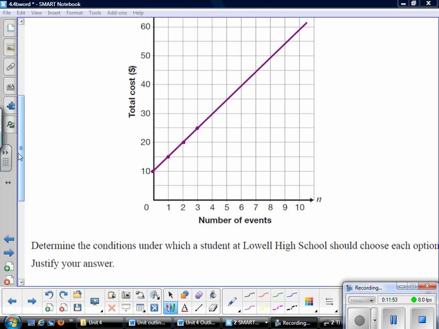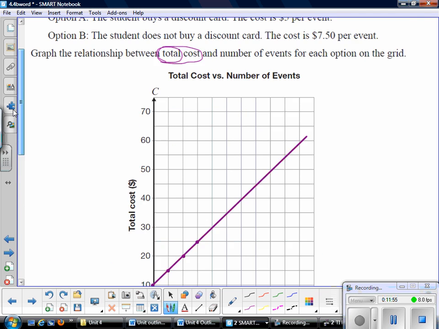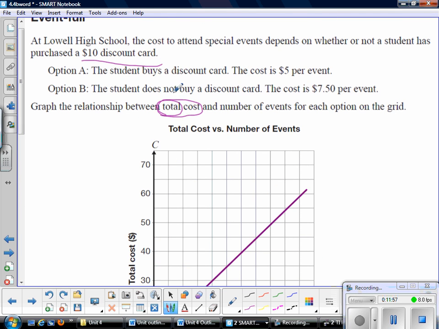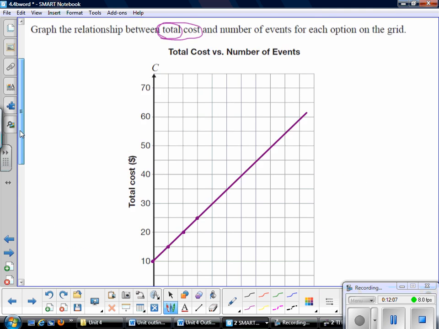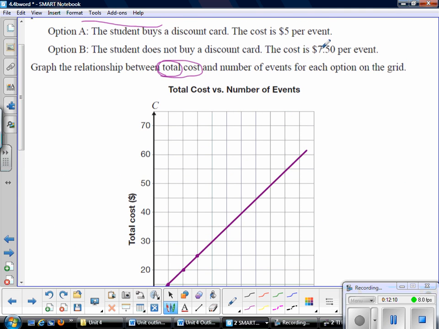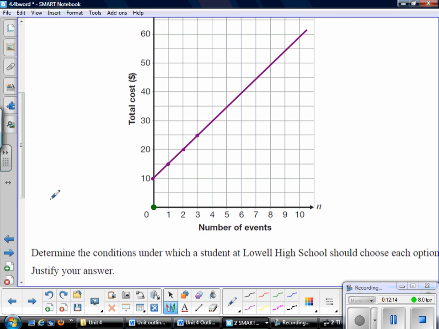All right, now let's graph the other student's option. Okay, option B, the student does not buy a discount card. So its initial cost means that if they go to no event, it costs them nothing. But it costs them $7.50 per event. Okay, so this is going to take us a little bit.